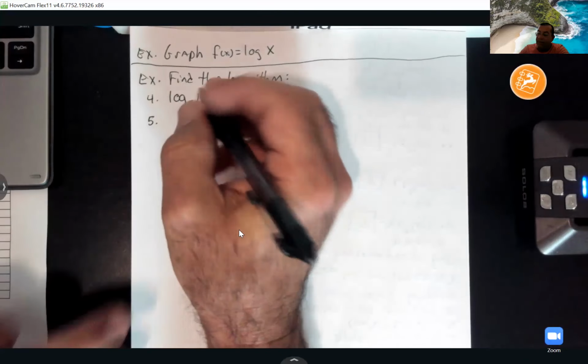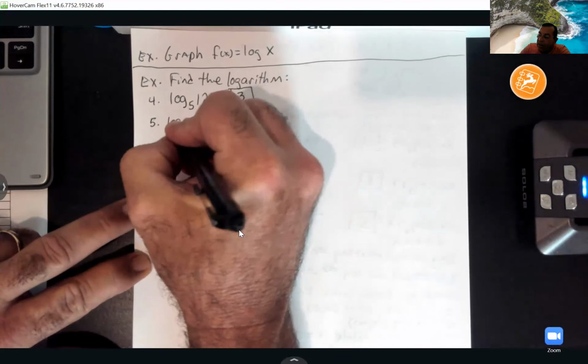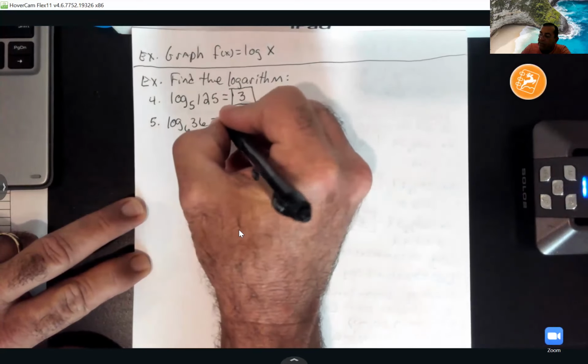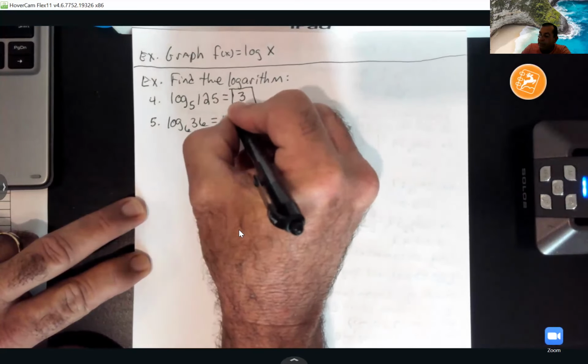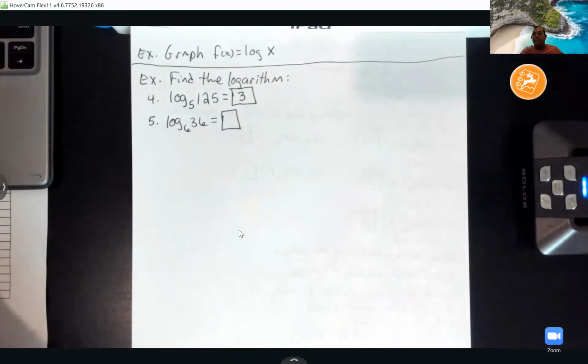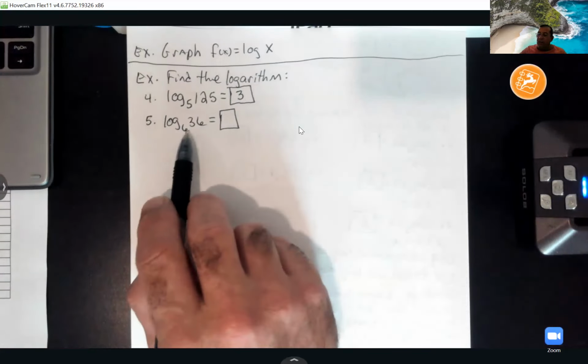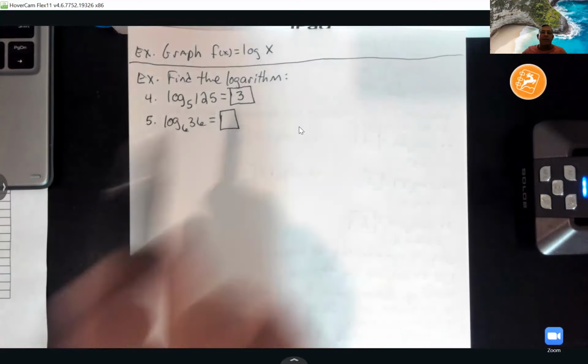Let's try 5. This is a log base 6 of 36. Y'all hang on 1 second here. All righty. So what exponent would I raise 6 to make that a 36?